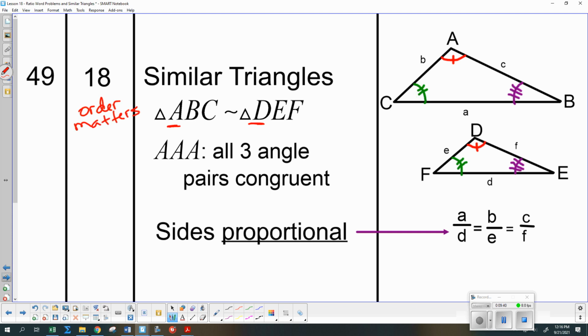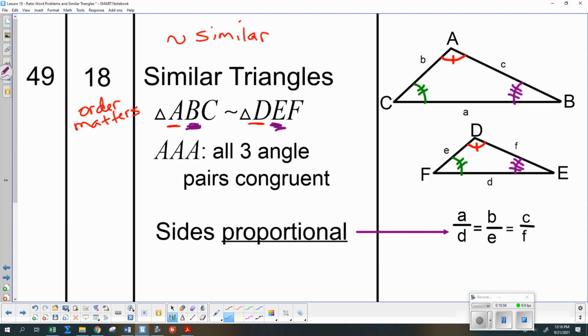When I say triangle ABC is similar to, that symbol means similar, that means whatever angle is in the first spot of the three letters, those are my congruent angles. A and D are in the first spot, so they have to be congruent. B and E are in the middle spot.